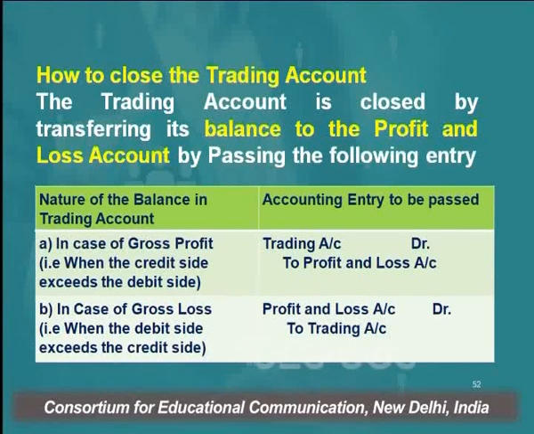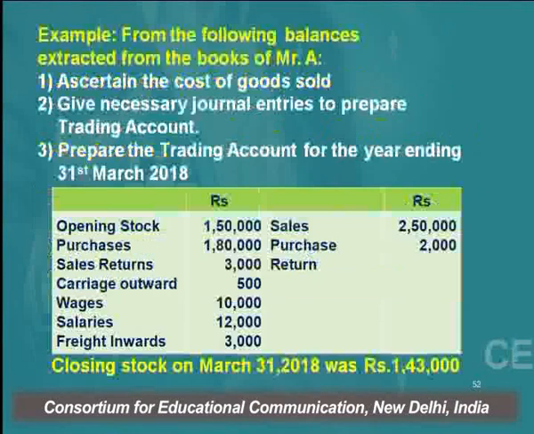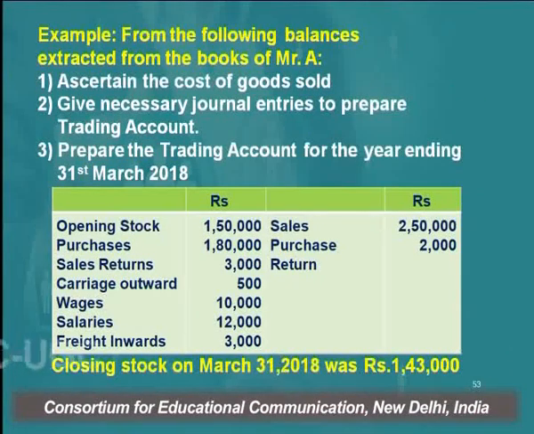In this case, the accounting entry which you need to pass is trading account debit to profit and loss account, and in case of gross loss, the entry would be profit and loss account debit to trading account. So the balancing figure of this trading account, which is either a gross profit or gross loss, will be transferred to the profit and loss account.